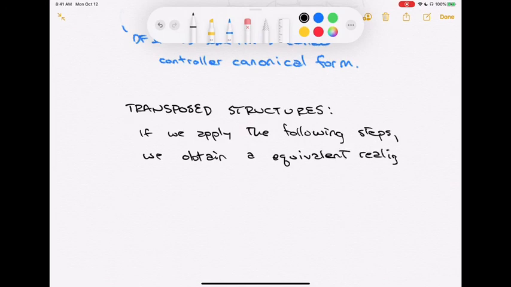It's still going to realize that same second order differential equation, or whatever order you do. It's an equivalent realization called a transposed realization. It's the transposed version.